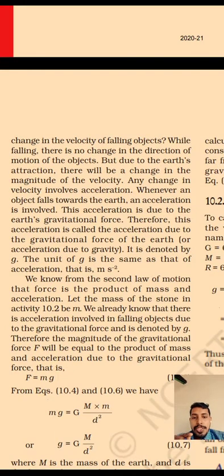Let the mass of the stone in activity 10.2 be m, small letter m. We already know that an acceleration is involved in a falling object due to the gravitational force, denoted by small letter g. That g is called acceleration due to gravity.